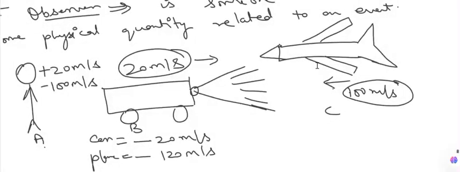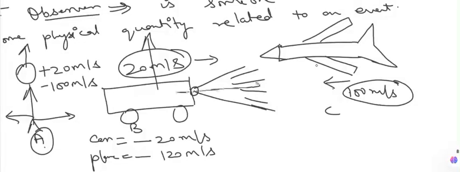Here we have three observers, suppose. They are sitting in three different frames of reference. Let's say this one is sitting in this frame of reference. I'll draw it. This one is sitting in this particular frame of reference. Making sense?